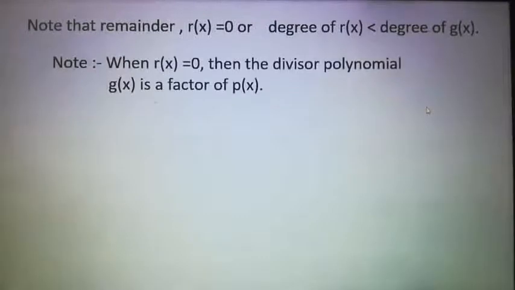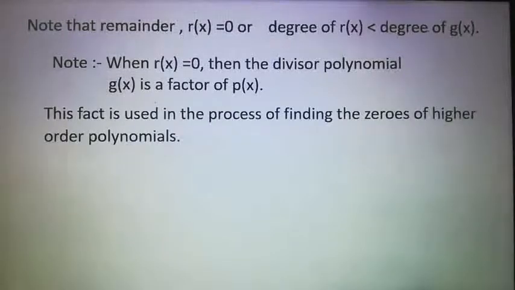Now we analyze the first one. When the remainder is 0, when you divide a polynomial with another one and you get the remainder 0, then we can say that the divisor is a factor of the dividend polynomial. That is, g of x will be a factor of p of x.